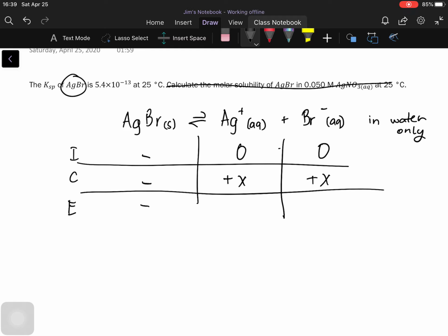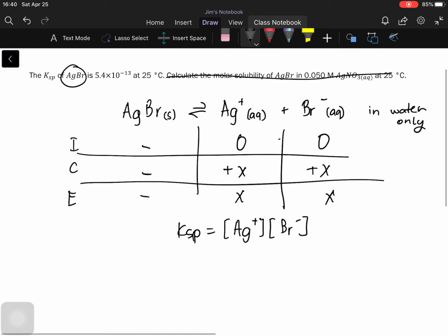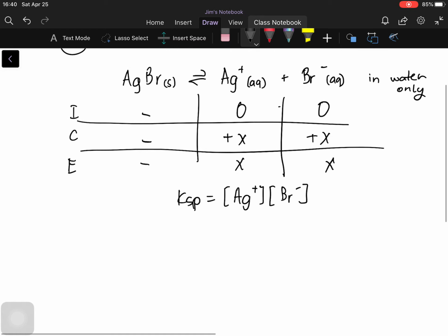So at equilibrium, 0 plus x is x, this one is x again, and then we write the KSP expression, which is the concentration of silver at equilibrium times the concentration of bromide at equilibrium. We substitute the equilibrium concentrations, which is x. So KSP equals x times x.